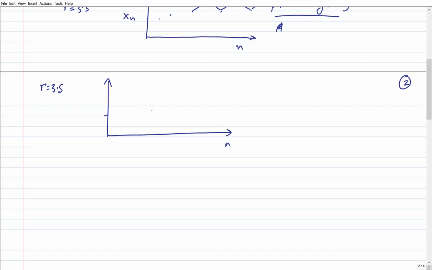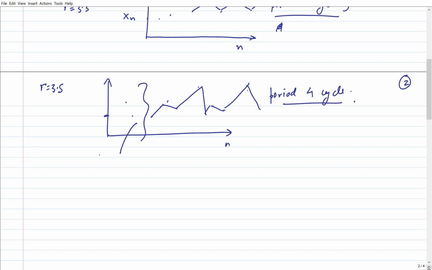So this was n, and finally you had some sort of periodic behavior. So this was a period 4 cycle after some initial transients.